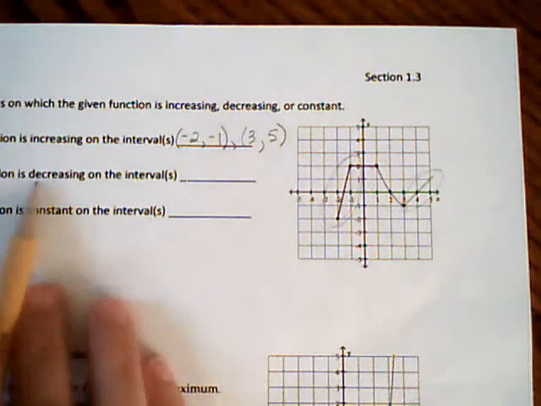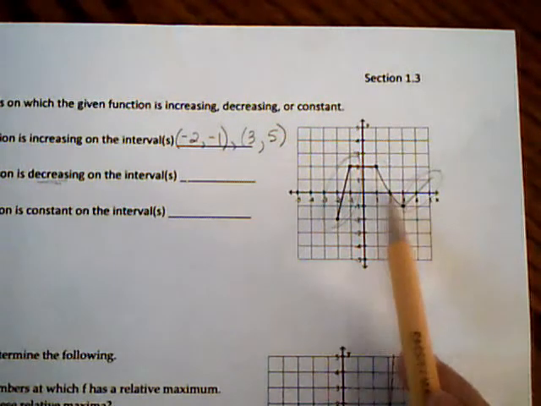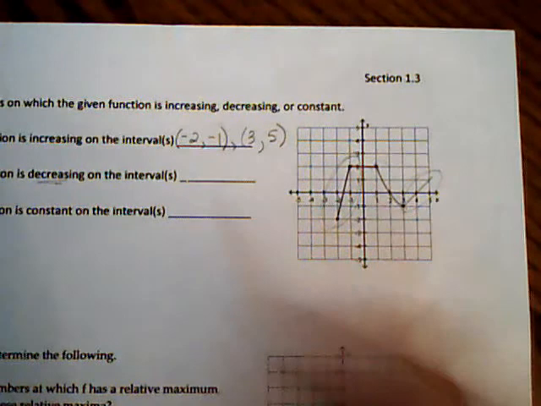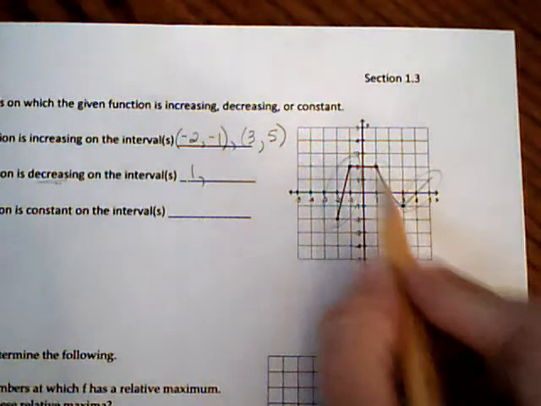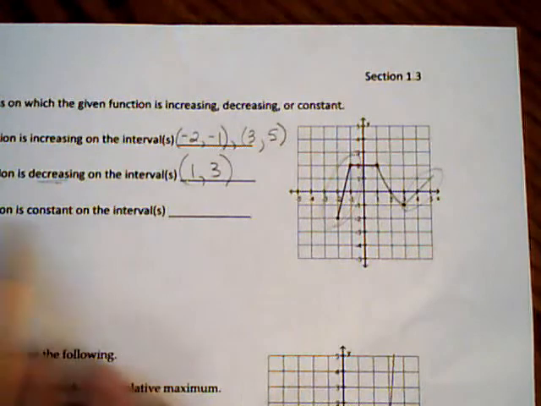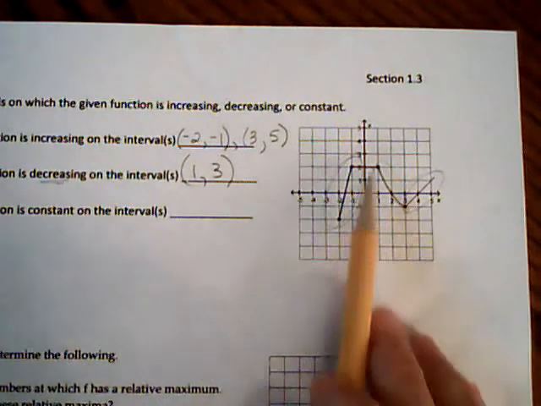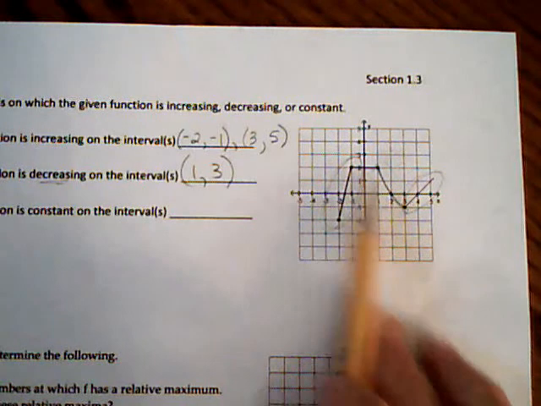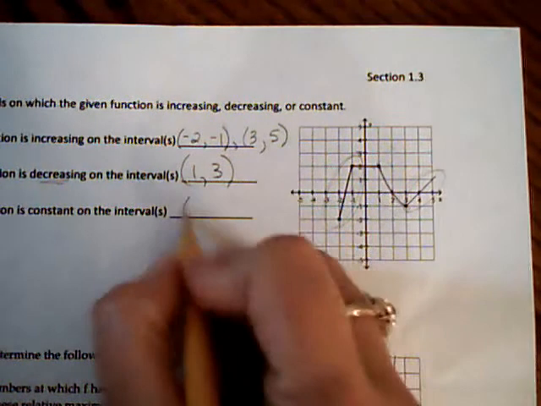Where is the graph decreasing? Again, I'm going to look at the x values. This is my decreasing interval. It begins at 1, and then it stops decreasing at 3. The function is constant on the interval. If I look at the x values where it's horizontal, that's from -1 to +1.